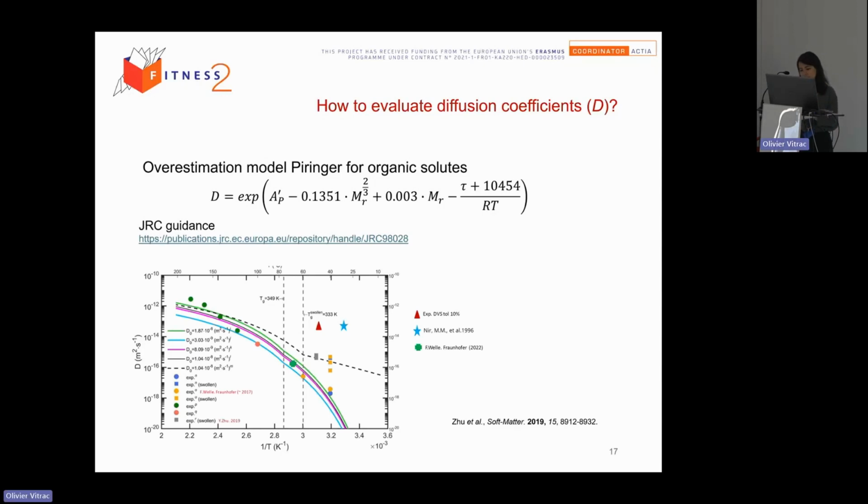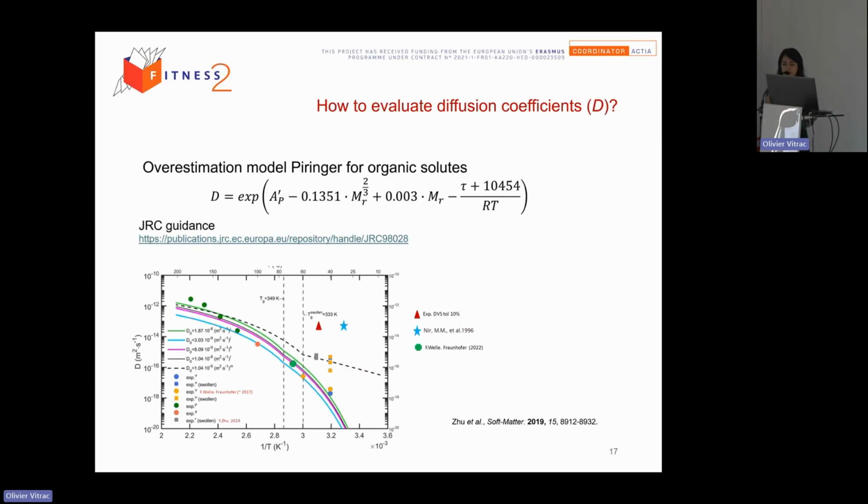Not recently, already 5 years ago, in one thesis, Pernod Dianzou studied a lot about the diffusion mechanism of solutes in PET, and she found an interesting result: the Piringer model doesn't overestimate in our case.